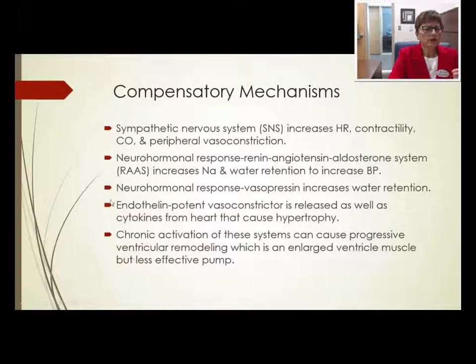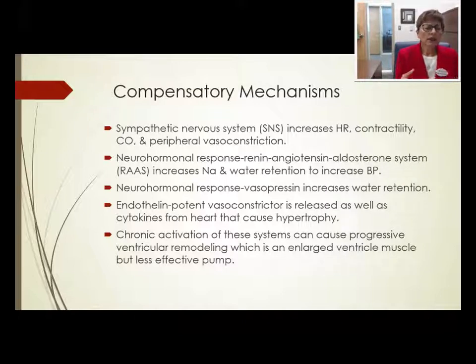There's also endothelin, which is a potent vasoconstrictor that's released, as well as cytokines from the heart. But over time, that causes the heart to enlarge. All these were protection for low cardiac output for a short time.